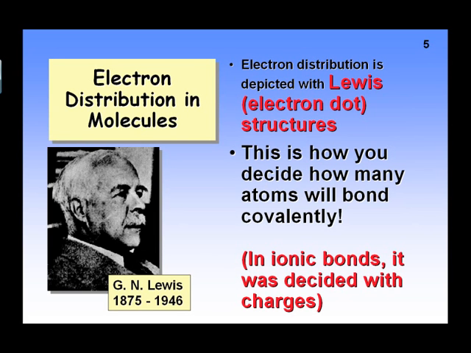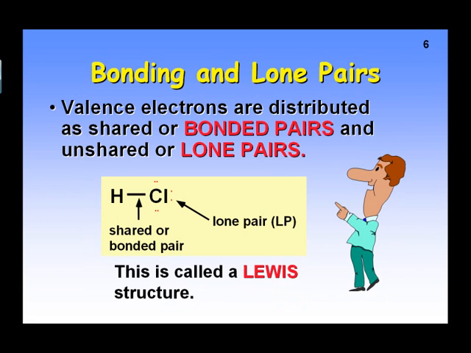Now with ionic bonds, we took the charges of the two opposite ions, put the elements together, tried to get the total charge to be 0, and from that we could get the subscripts. With covalently bonded molecules, rather than using charges, we draw these Lewis structures, and from that we can determine the formula. In order to do that, we must understand what valence electrons are.